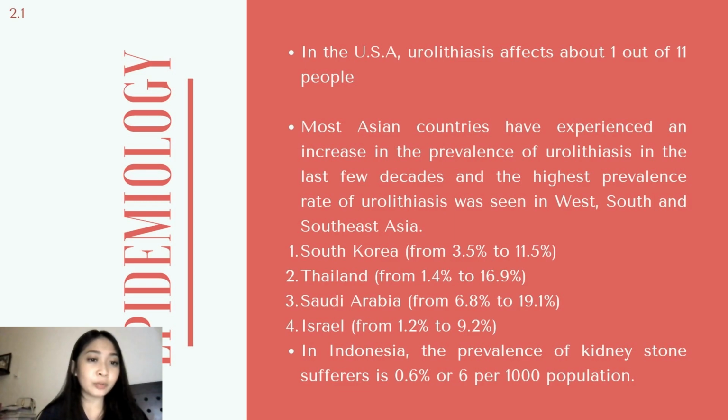Thailand went from 1.4 to 16.9. Saudi Arabia went from 6.8 to 19.1, and Israel went from 1.2 to 9.2%. Meanwhile, in Indonesia, a study stated that the prevalence of kidney stone sufferers is 0.6%, or is seen in 6 people per 1,000 population.